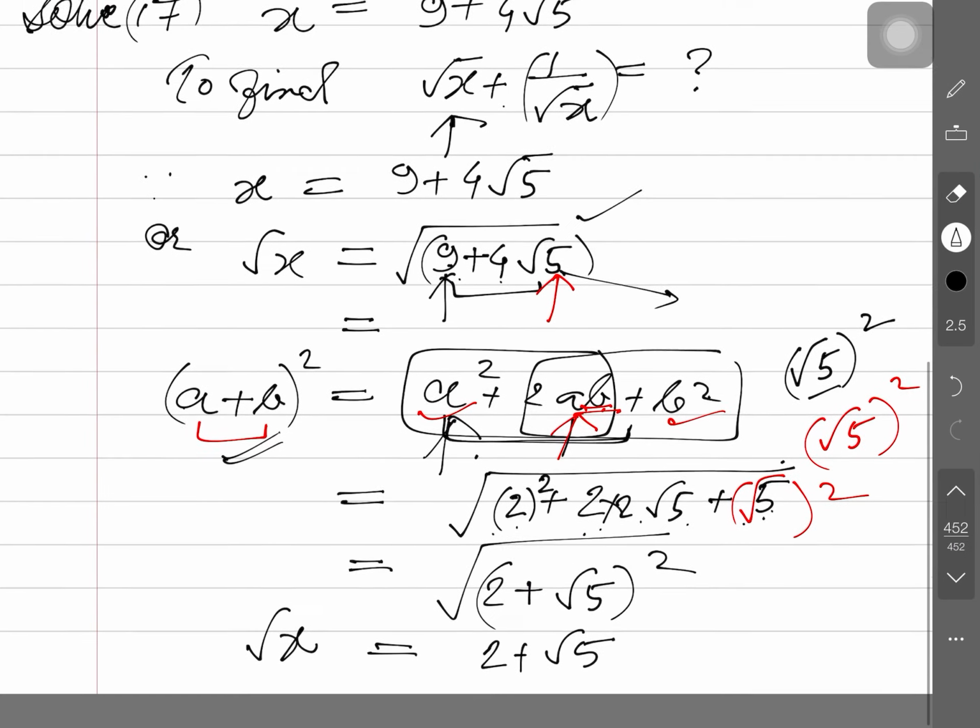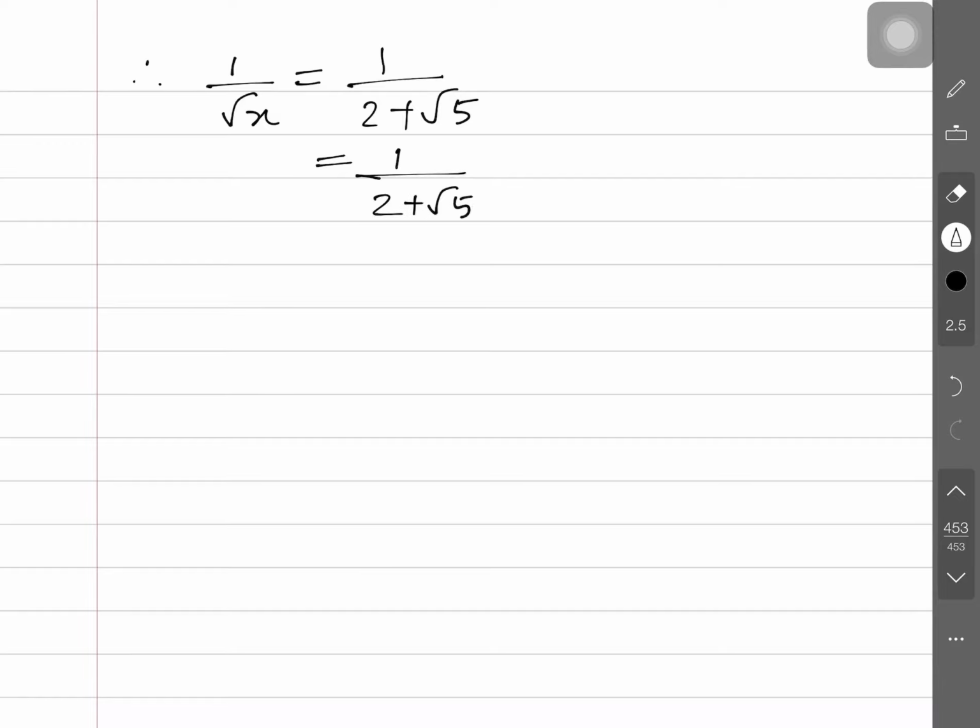Therefore 1 by root x is 1 by 2 plus root 5, multiplied by 2 minus root 5 over 2 minus root 5. Rationalization this is. Here we will not write the rationalization.